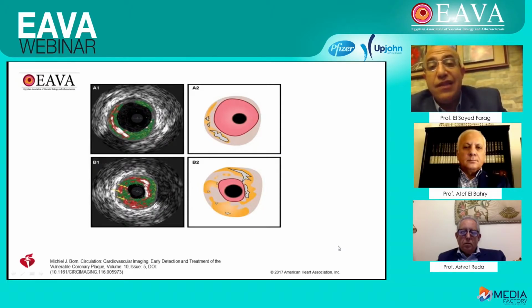We can also detect the areas of calcification, which you can appreciate here in these IVUS images as white patches. We can see how much the calcification is, whether mild, moderate, or heavy, and I think this not only guides the interventional management but can also guide the risk stratification of the patient for the management strategy.